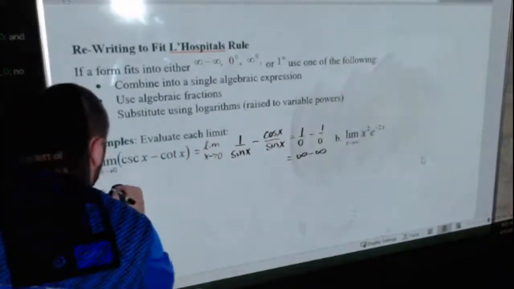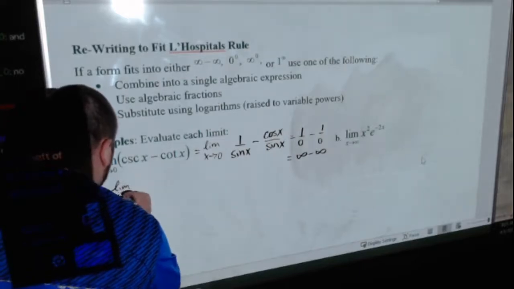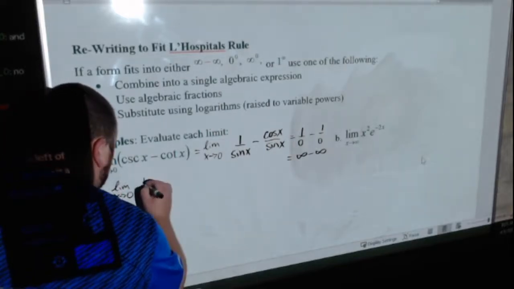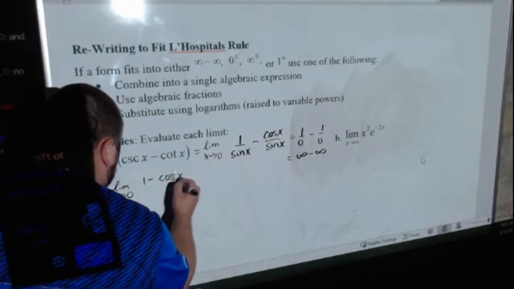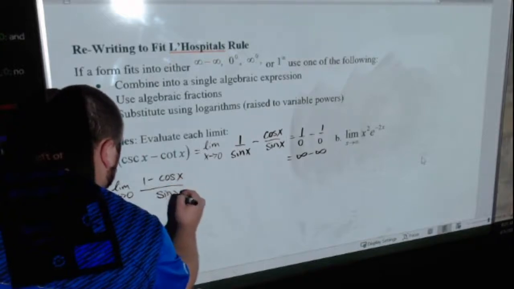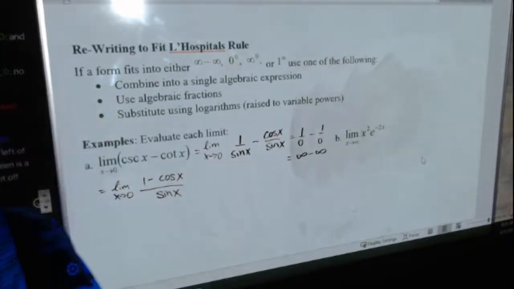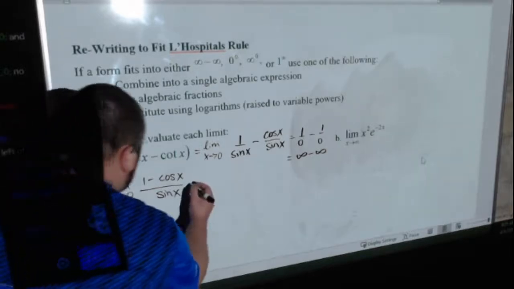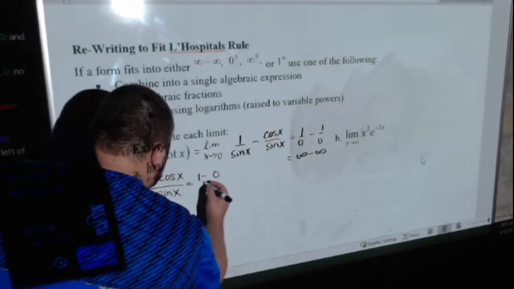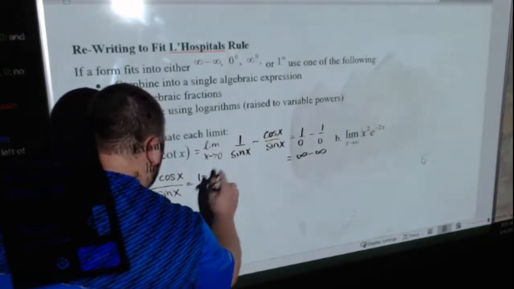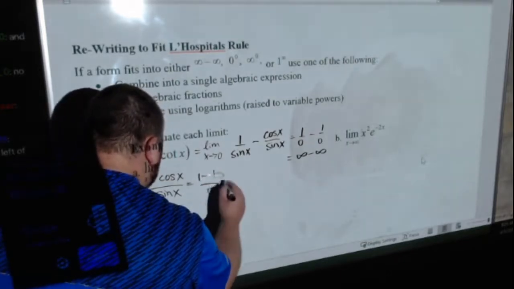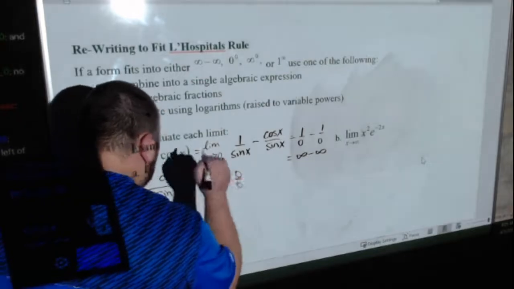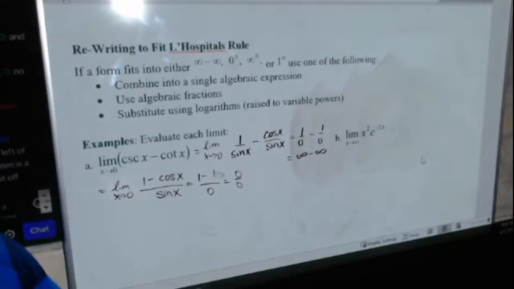So this is really the limit as x approaches 0 of 1 minus the cosine over sine. Now if I substitute 0 in, I get 1 minus 1 over 0, or 0 over 0.